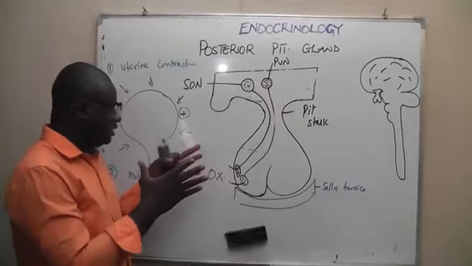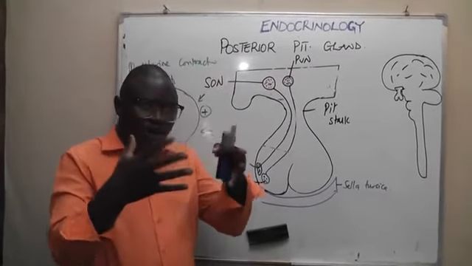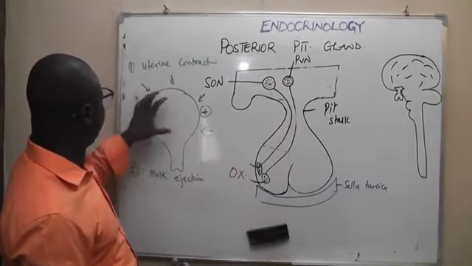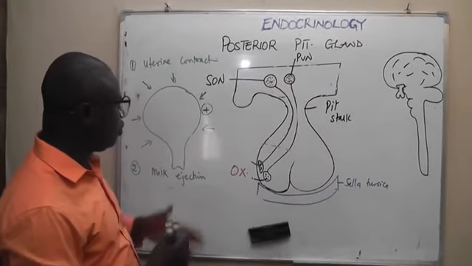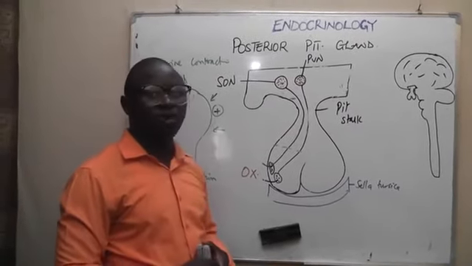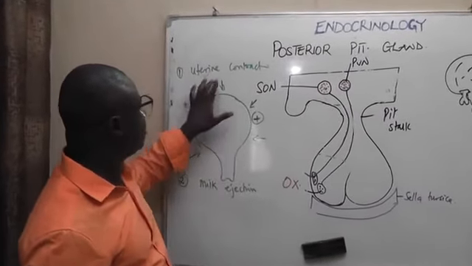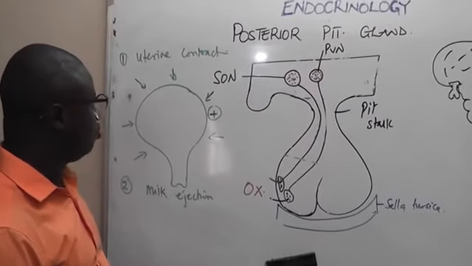So this oxytocin helps to eject the milk. All right. So these are the two basic functions of oxytocin. We have some other functions that may not be covered in this lesson, but basically these are the two functions of oxytocin. It helps in uterine contraction, and also it helps in milk production.